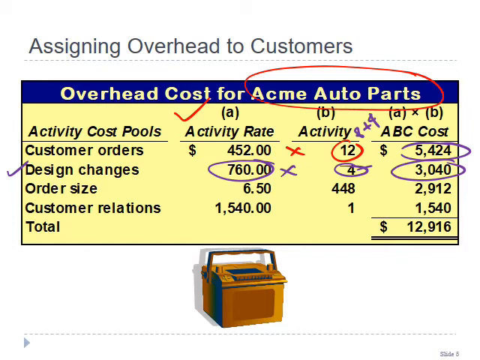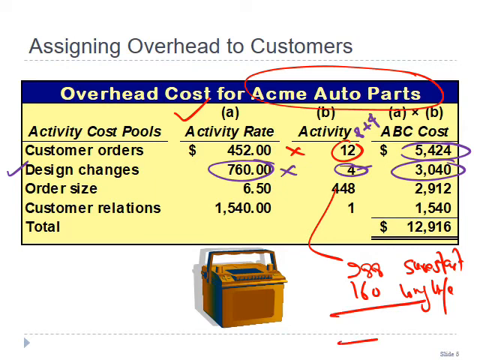So where did this 448 come from? We know that 288 machine hours are for short start and 160 for long life. So the answer is 8, 4 and 4, right?